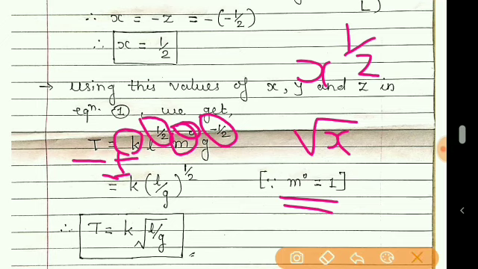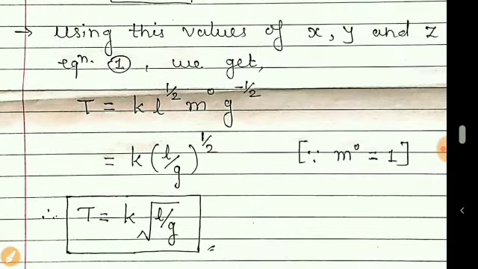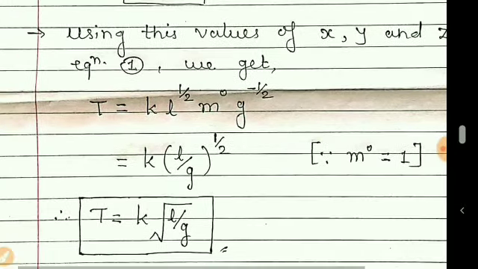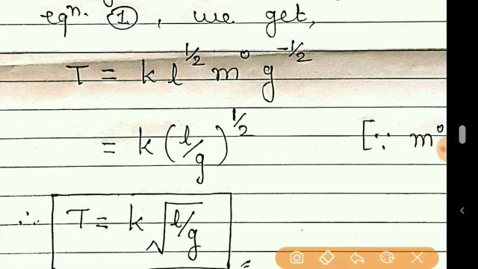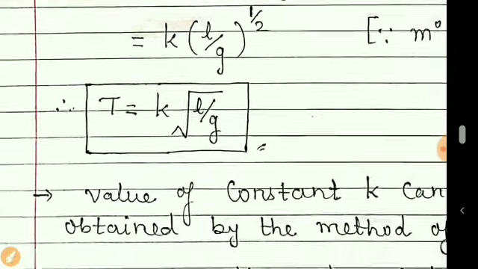Here the power of L is 1 by 2 and that of g is also 1 by 2, but it is inverse, minus is there. So we can write that power 1 by 2 common, but g is inverse of that. So L by g raised to 1 by 2. I hope you can understand this easily. And if the power is 1 by 2, we can write that in square root form. So we got this equation of T.